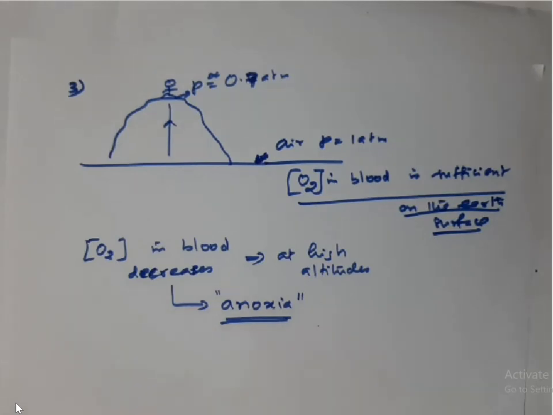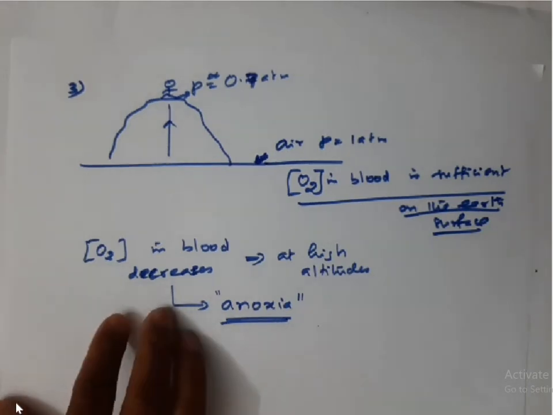So that's why whenever you go to mountains, elderly people get this suffocation problem. It is quite natural because pressure at the top will usually be low. So these are some of the important points that we should know.